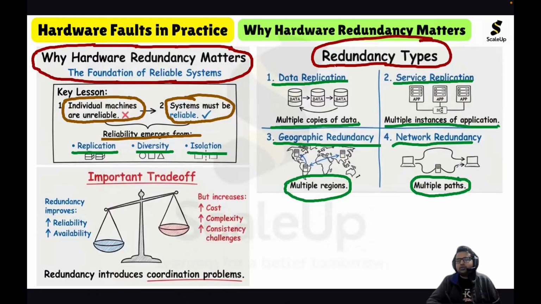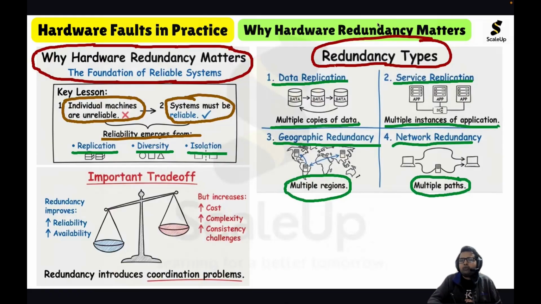So we can achieve redundancy in four ways: data replication, multiple copies of the data; service replication, multiple instances of the application; geographic redundancy, multiple regions; and network redundancy, multiple paths.